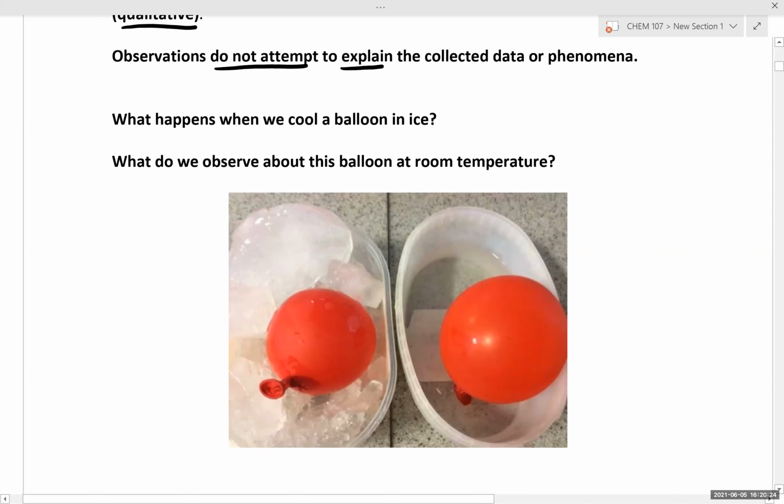So for example, if we compare the room temperature balloon to the balloon that's around 0 degrees Celsius, we see that at lower temperatures, this balloon is clearly smaller.